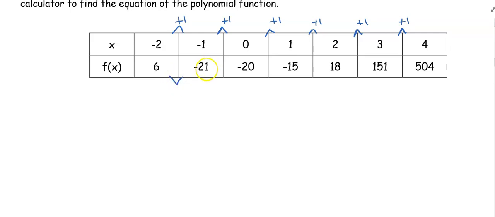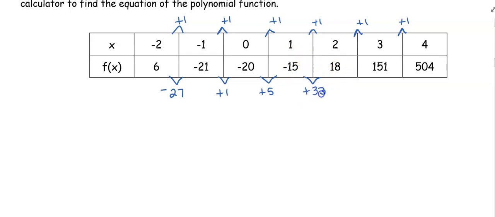6 to negative 21. I'm getting smaller, so I'm subtracting. And remember, if I'm going to do the differences, it's negative 21 minus 6, which gives us negative 27. And negative 20 minus negative 21, that means I'm actually adding 1. I'm finding all of these differences. I'm adding 5 from a negative 15 to a positive 18.